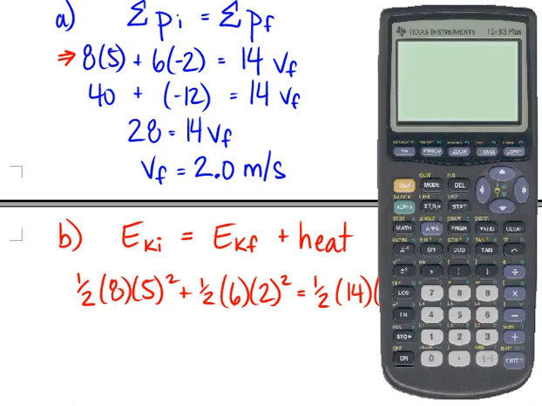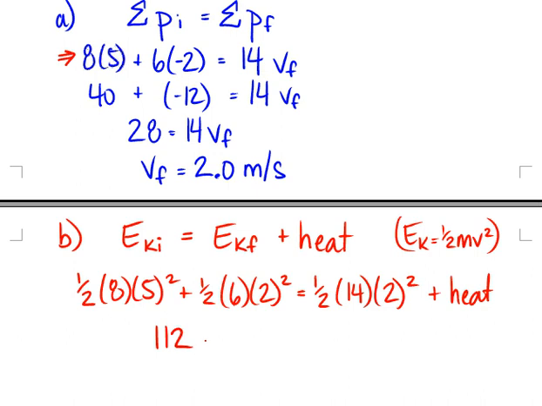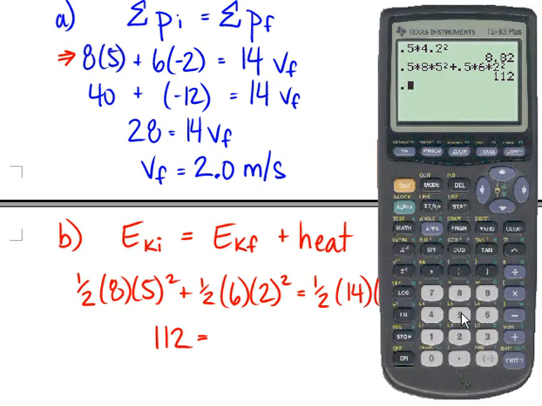So if we throw this into the calculator, let's see what we get. 0.5 times 8 times 5 squared plus 0.5 times 6 times 2 squared is equal to 112, which is equal to 0.5 times 14 times 2 squared.